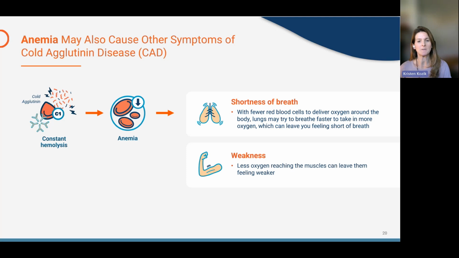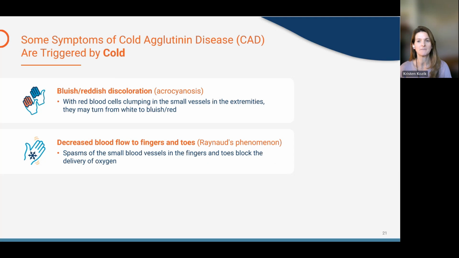Now, let's take a look at some of the most common symptoms that can occur due to exposure to cold. As you may have experienced, cold environments can trigger symptoms related to CAD. So, cold-induced agglutination causes acrocyanosis. This is what happens to the nose, the ears, the hands, and the feet when they turn bluish or reddish.